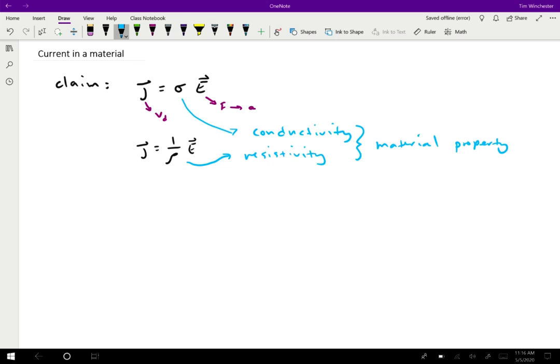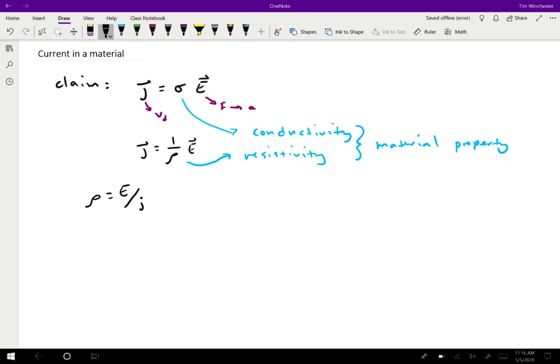Okay, so what I want to do then, since the current density and the electric field, according to this claim, are in the same direction, is I'm actually going to solve for the resistivity. So resistivity is going to be equal to the electric field divided by the current density. Okay, and those are just the magnitudes because the directions agree, so I can get rid of the directions.